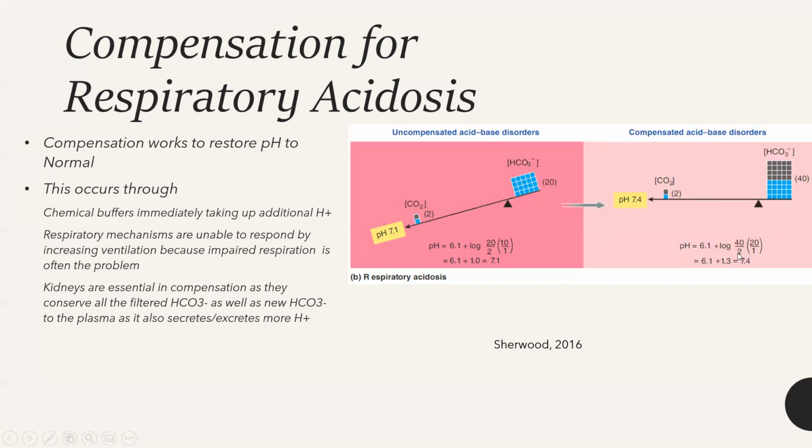And then mathematically, we can see here how when you reduce 40-2 into 20-1, that's fixing our preferred ratio of bicarbonate to carbon dioxide. So these are the ways that our body will compensate for respiratory acidosis. The first way being through chemical buffers, and then essentially the most important way being through our kidneys, as they filter bicarbonate and add new bicarbonate to the plasma as they secrete more hydrogen.